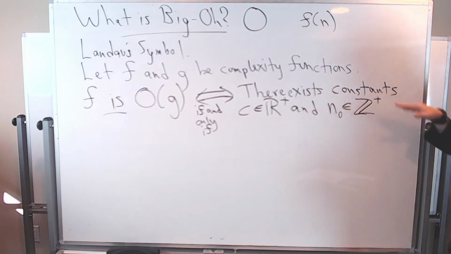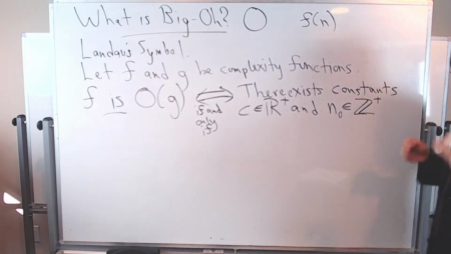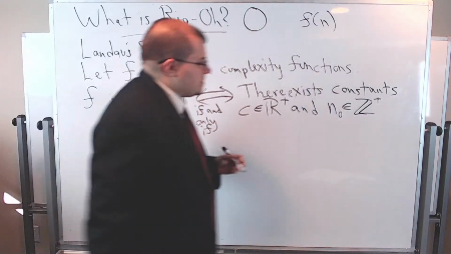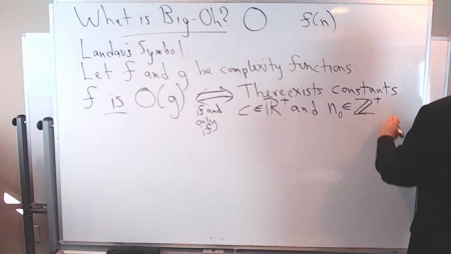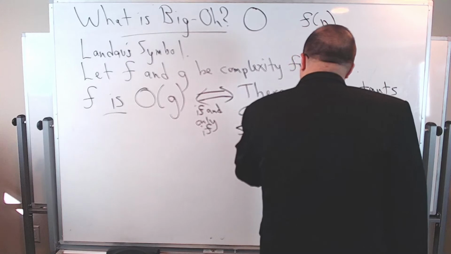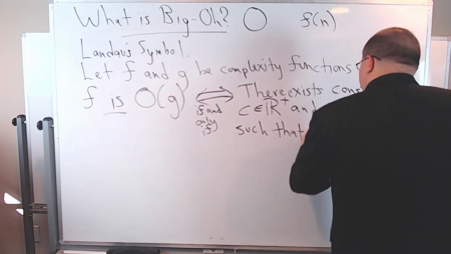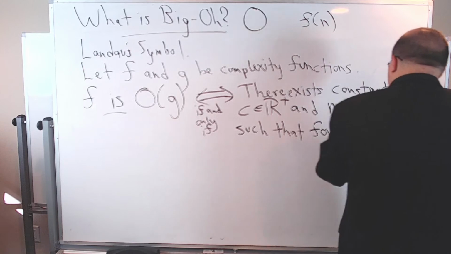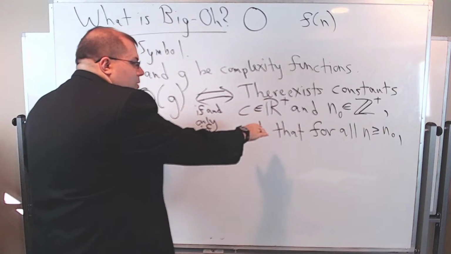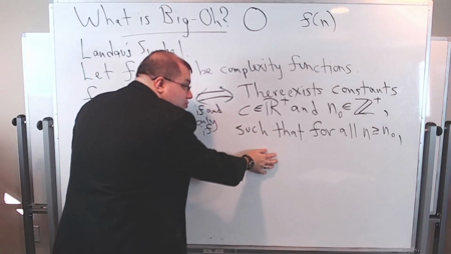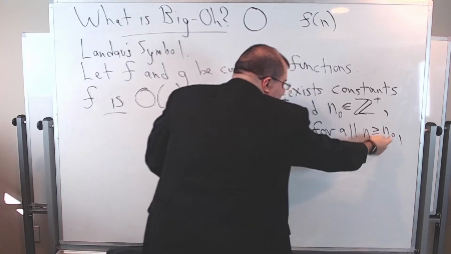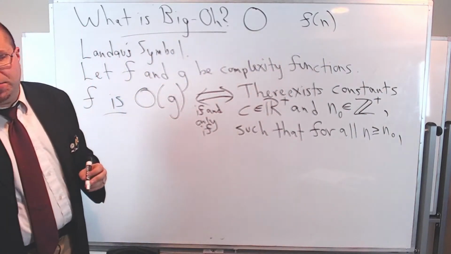So there's going to exist these two constants. These are going to play a role in how we prove big O statements to be true. So just keep that in mind. So there exist these two constants such that for all n greater than or equal to n0, remember, what proceeds after this has to be true for all n that are bigger than or equal to my other constant n0.